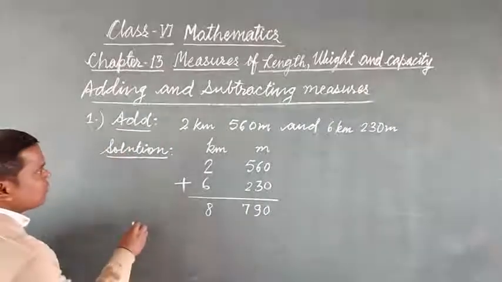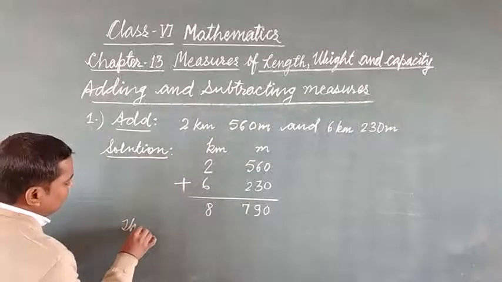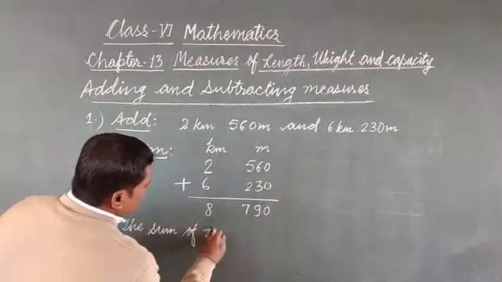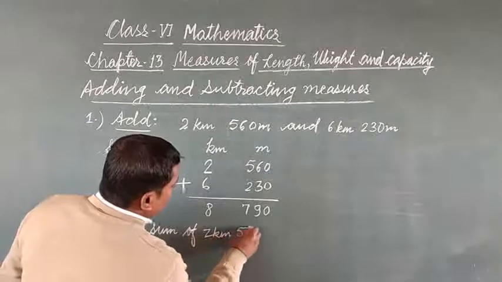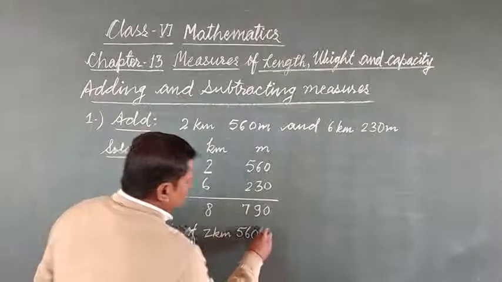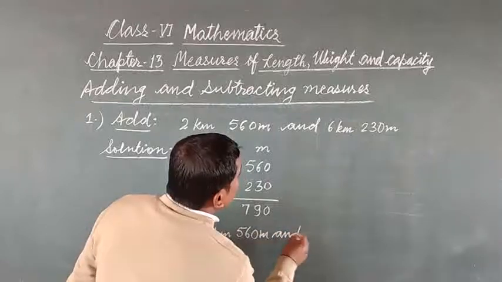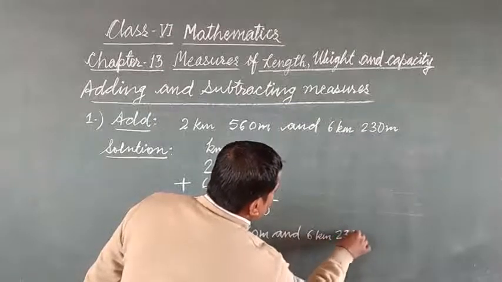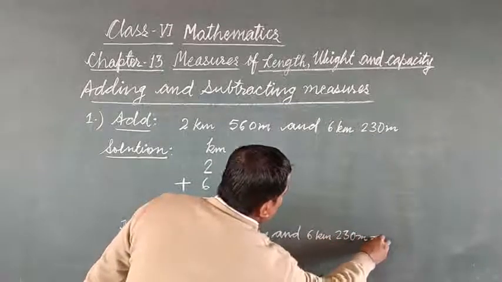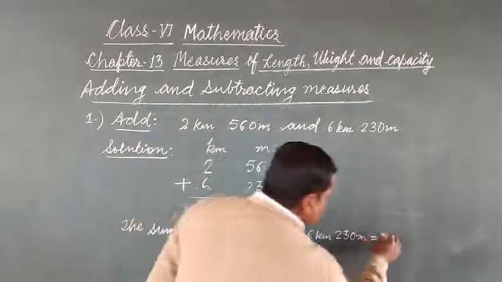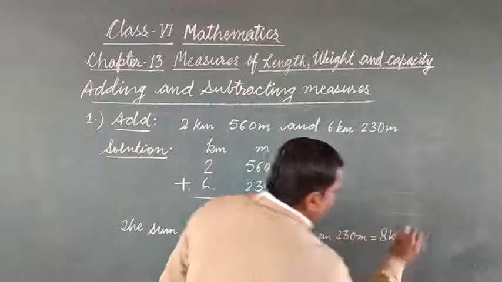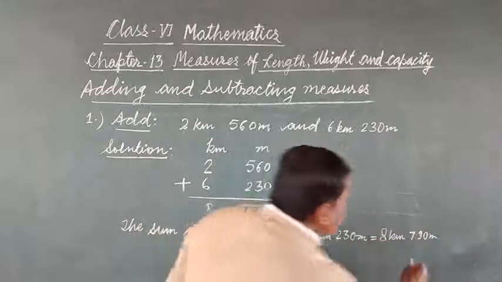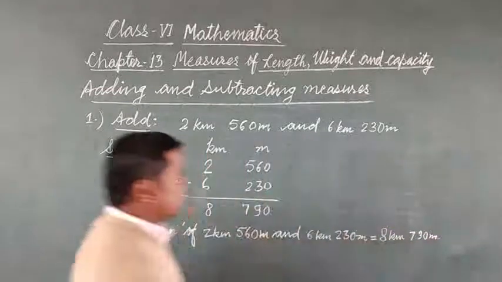So we will write here the sum of 2 kilometer 560 meter and 6 kilometer 230 meter is equal to 8 kilometer 790 meter. This is the required sum of the given two measures.